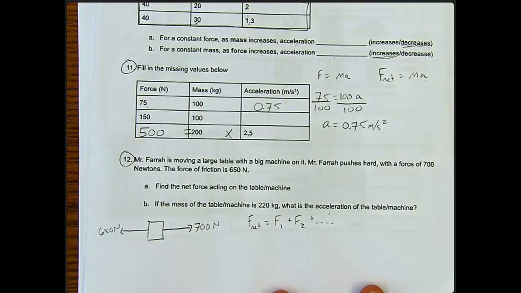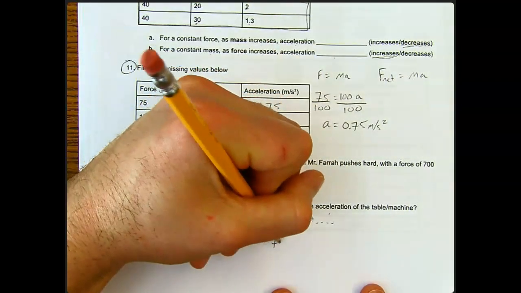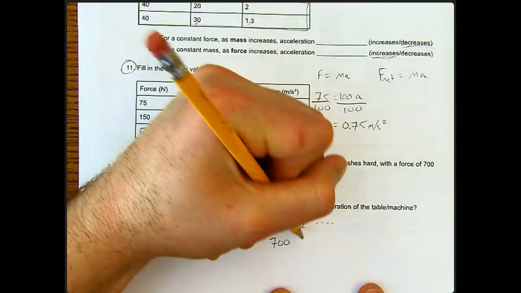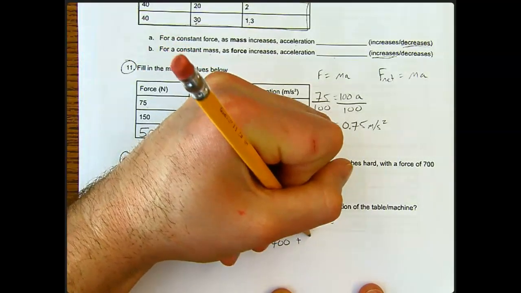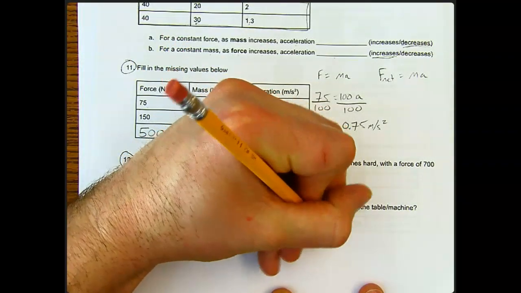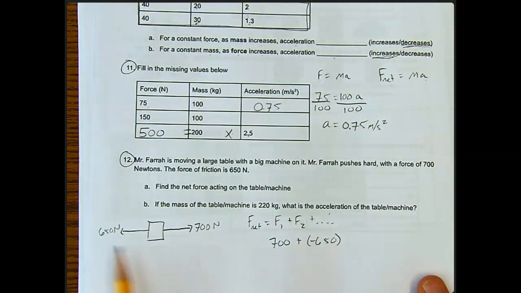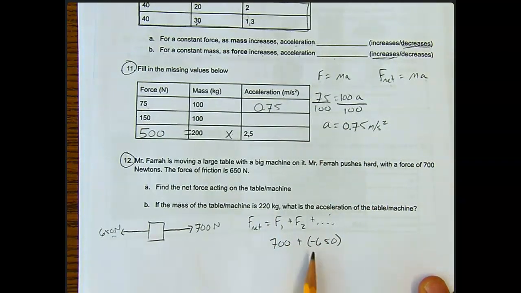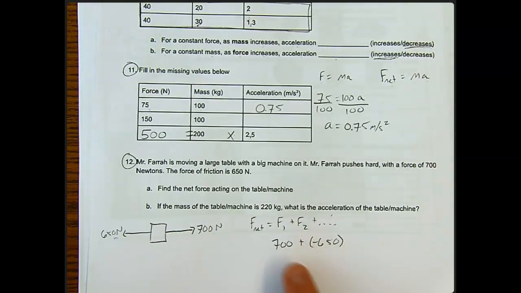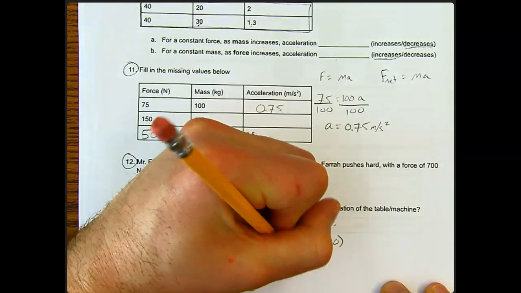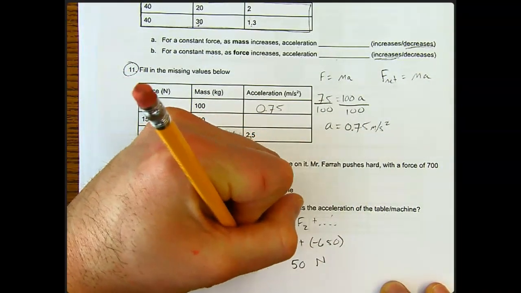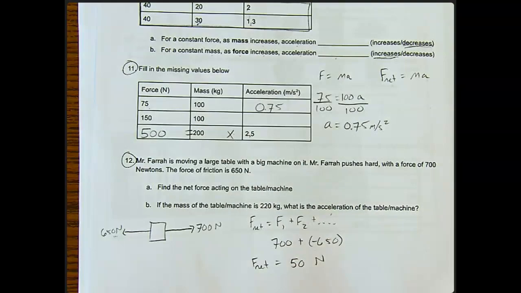In this case, we only have two forces. We have 700, and then we're going to add a negative 650. The negative 650 is because this is going to the left, so it's a negative force. If you add these up, you'll get 50 newtons. So the net force is 50 newtons, which means that Farah has enough force to make this thing move, and it's going to accelerate.